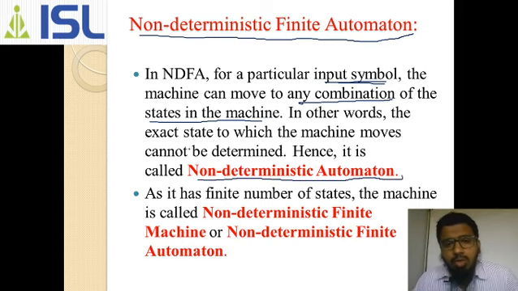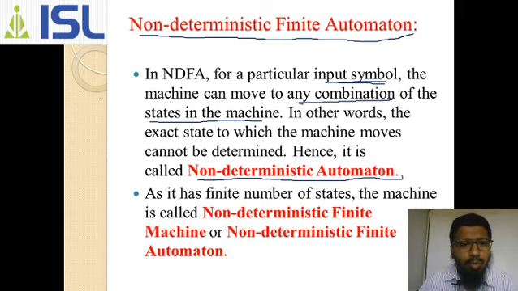So for this NDFA, a real-time example will make it easy for you to remember.